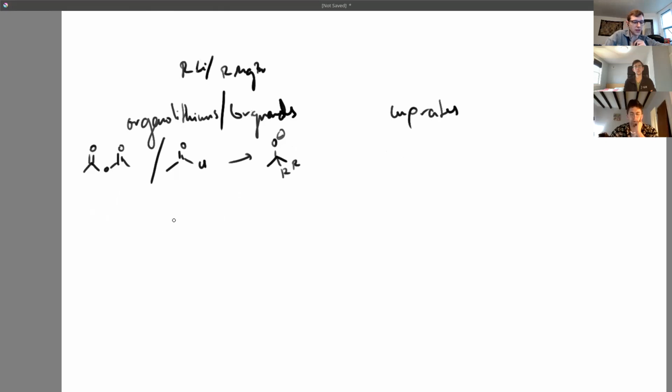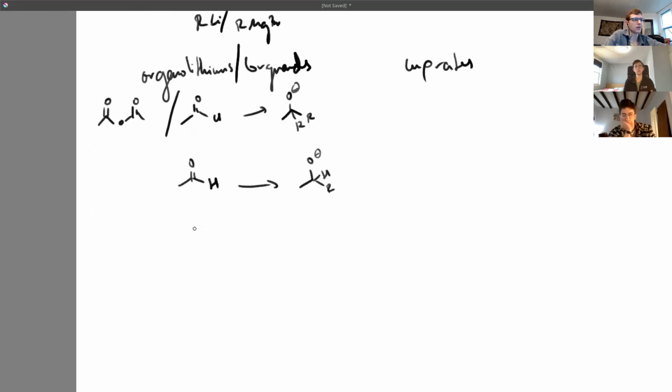Let's see, what's next most reactive was aldehydes. And these will both react. Okay. Then we had ketones. Again, both react. These are going to react with everything.